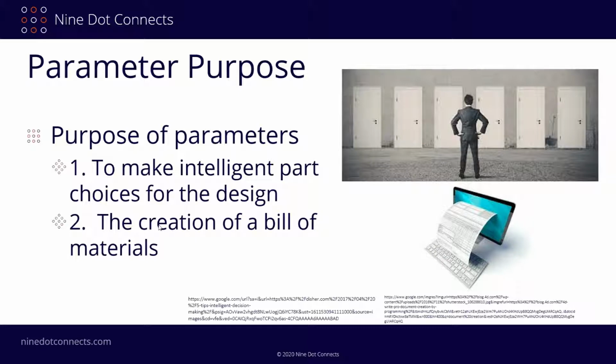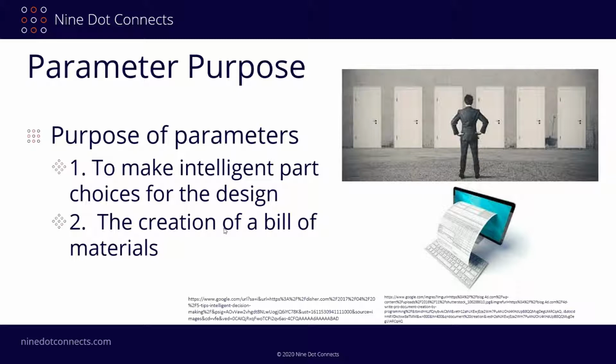And Altium knows this so well that this is their whole reason that they will not give you the ability to create parameters on the layout side. Because as far as they're concerned, you're not making an intelligent part choice at that point in time in the design flow, and you're not creating a bill of materials at that point in time in the design flow. The schematic handles that. And that's why you can see those parameters, but they don't allow you to actually make modifications to them on the layout side.